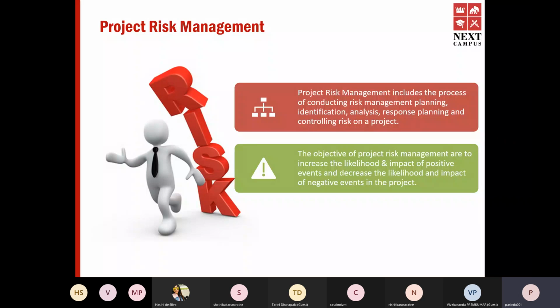So what do you think is a risk? What would be the definition of a risk? Can someone tell me? Tarini, what is a risk for you?